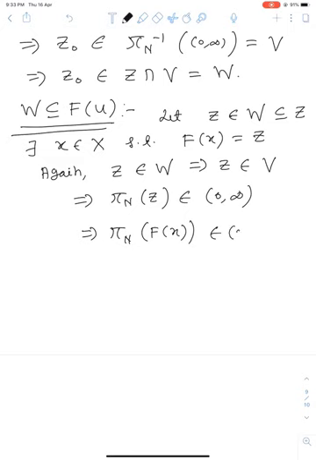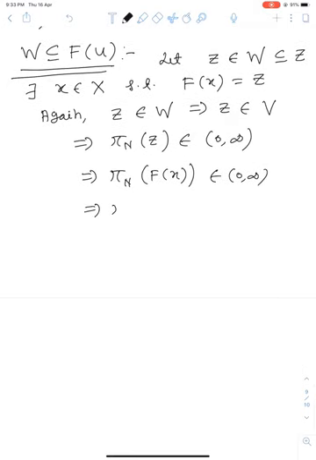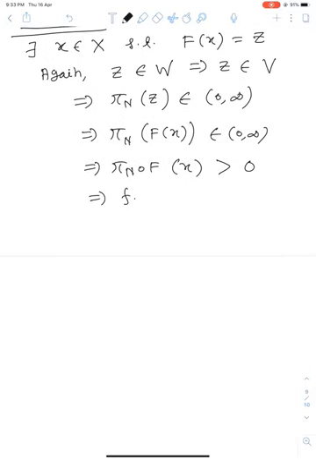That implies π_n composed with f at x is bigger than 0. Now that implies f_n(x) is bigger than 0, right?